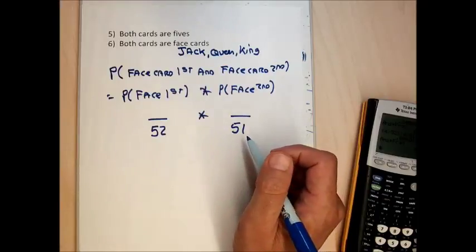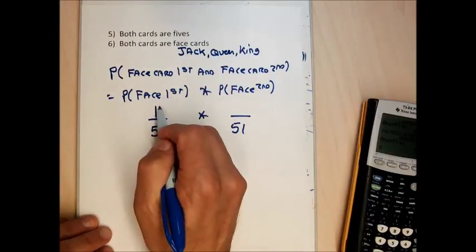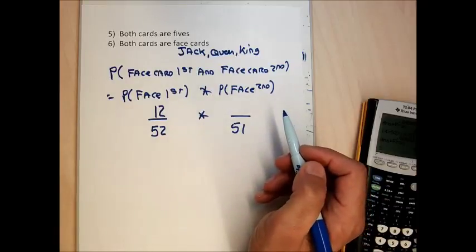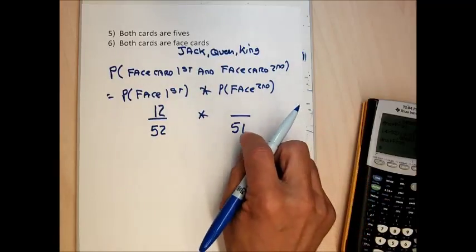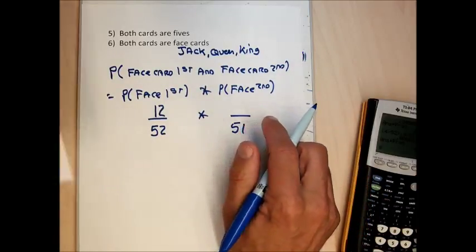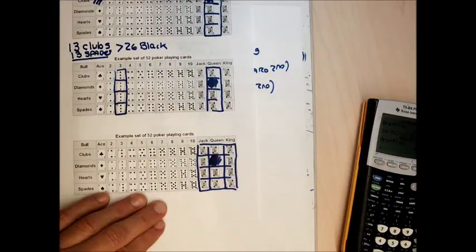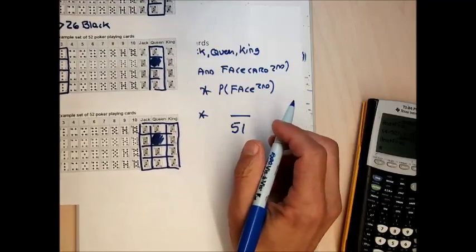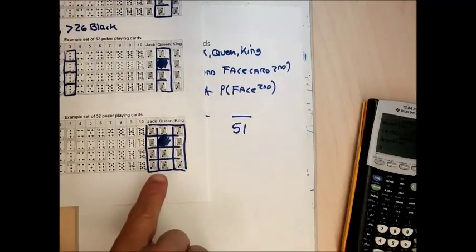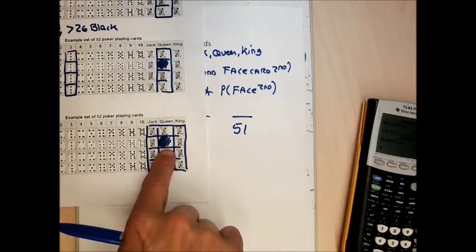So for my first probability, it's going to be 12 over 52 because there's 12 face cards of the 52 cards. My second fraction is going to have a denominator of 51 because I'm assuming I'm taking one of the face cards away. The numerator for the second fraction needs to be the number of face cards in the deck after you pull out one of the face cards.